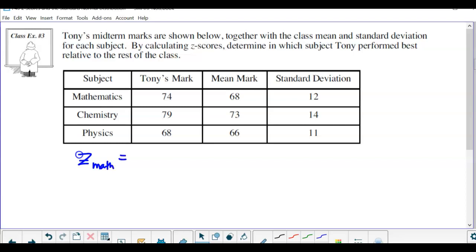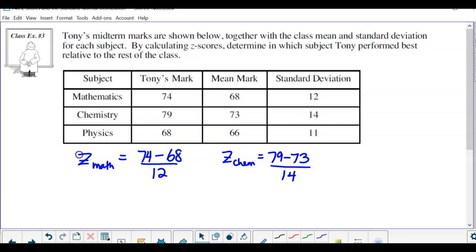Here is 74. The mean is 68. So we scored above the mean, right? The standard deviation is 12. Then we scored above the mean as well.